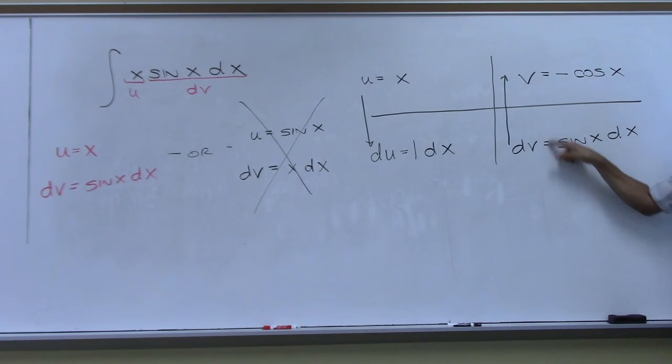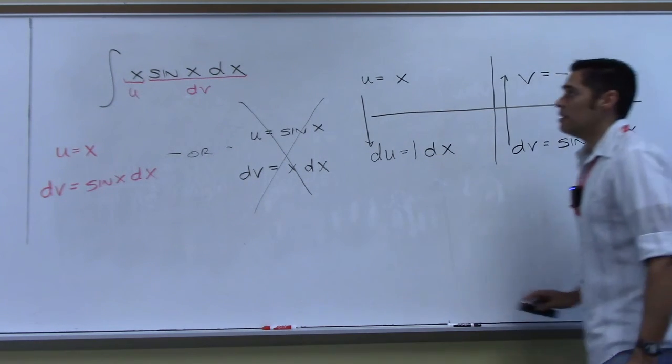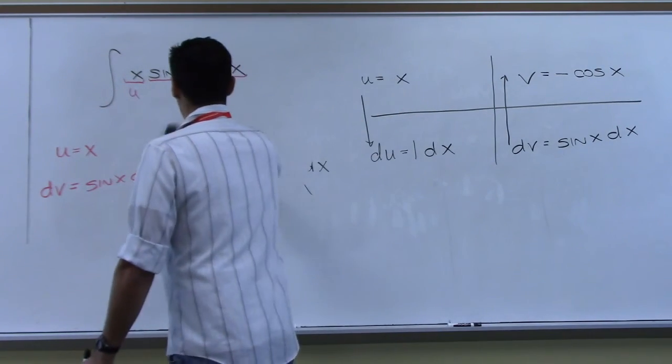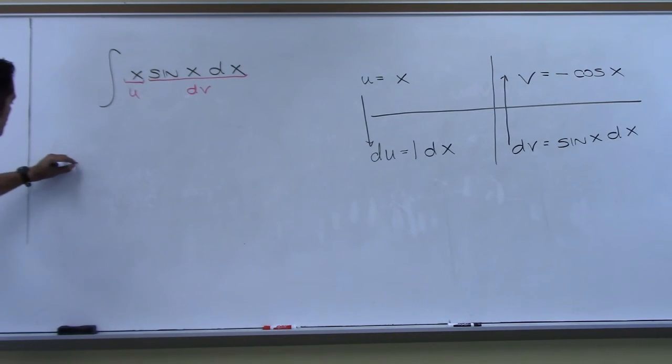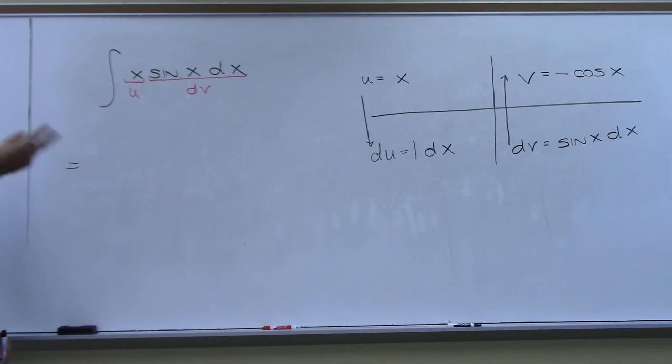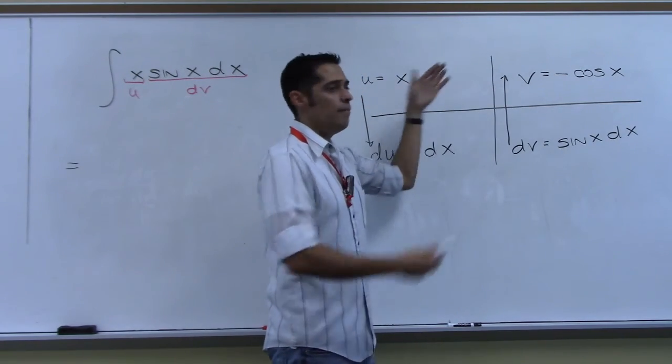You have to do the integral of this and go up to here. And now we plug in the formula. According to my formula, this will turn into uv minus integral v du. So what's uv? U and V, right? Multiply those two together.